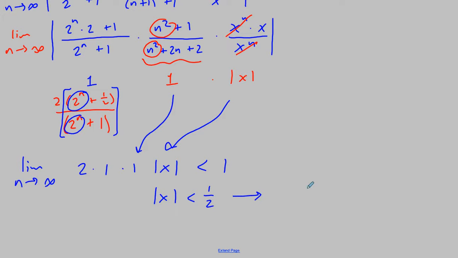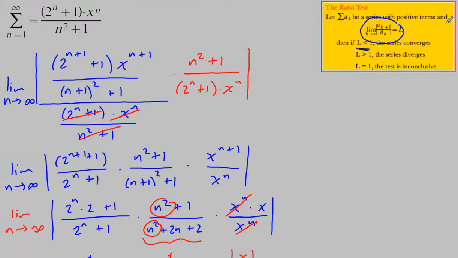And this occurs when x is between negative half and positive half. That's when the absolute value of x will be less than the half. And this could be the solution to this problem. So as long as x stays between negative half and positive half, this series will converge.